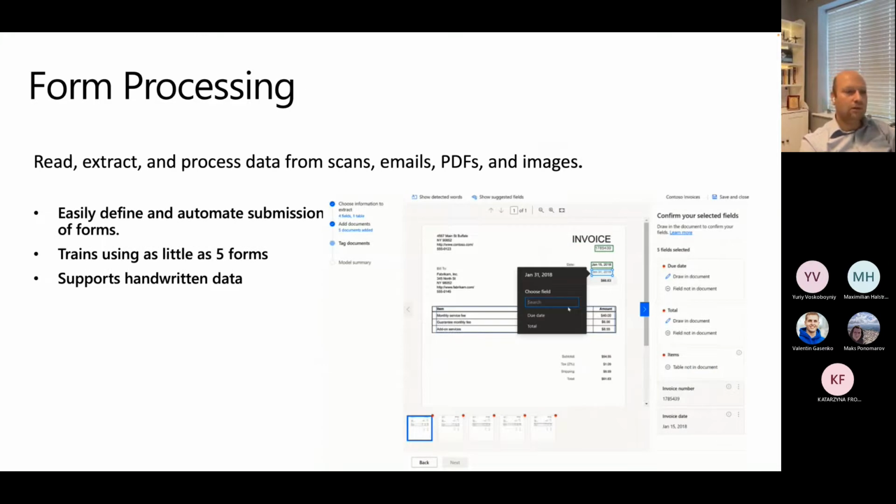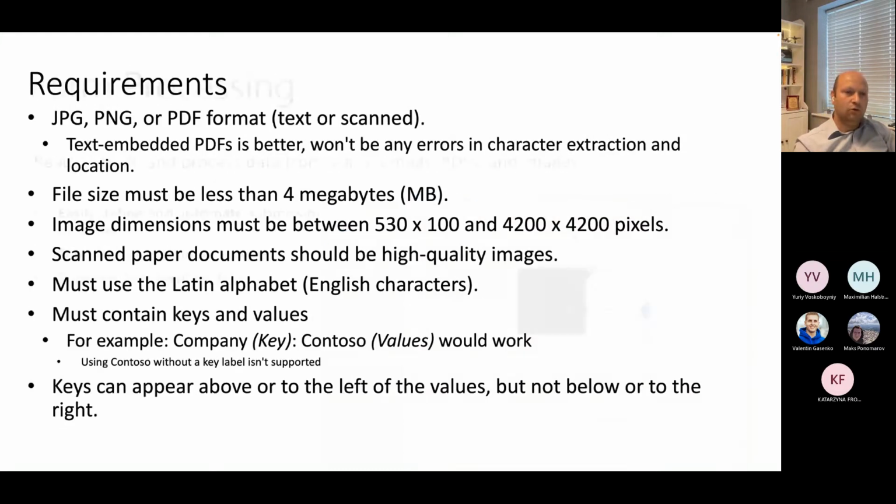Another one is form processing. This is actually easier when you compare it with prediction, because there are visual elements, and you can go through it step by step. So what are we doing with form processing? Basically, you need to tell the system which points are important in your image, email, or PDF, whatever data you are using on your screen, and you have to mark which area is important for you.